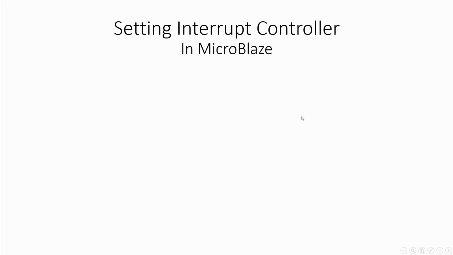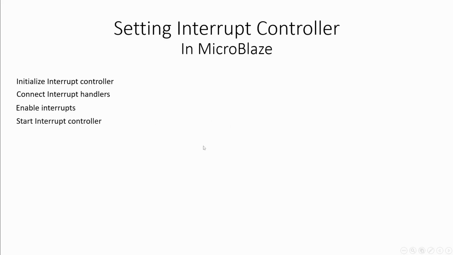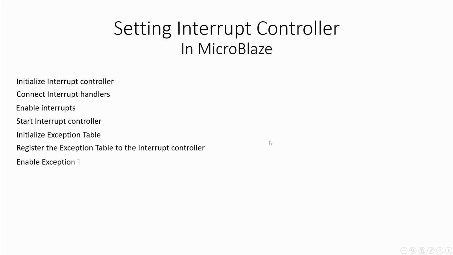The stages we need to do to configure the MicroBlaze interrupt controller are: first we need to initialize the interrupt controller, then connect the interrupt handler to the interrupts that we have, then enable the interrupt, and start the controller. Then we need to initialize the exceptions table and connect it to the interrupt controller, enable it, and then we will do a while loop, so the MicroBlaze will keep going in a while loop until it gets an interrupt.